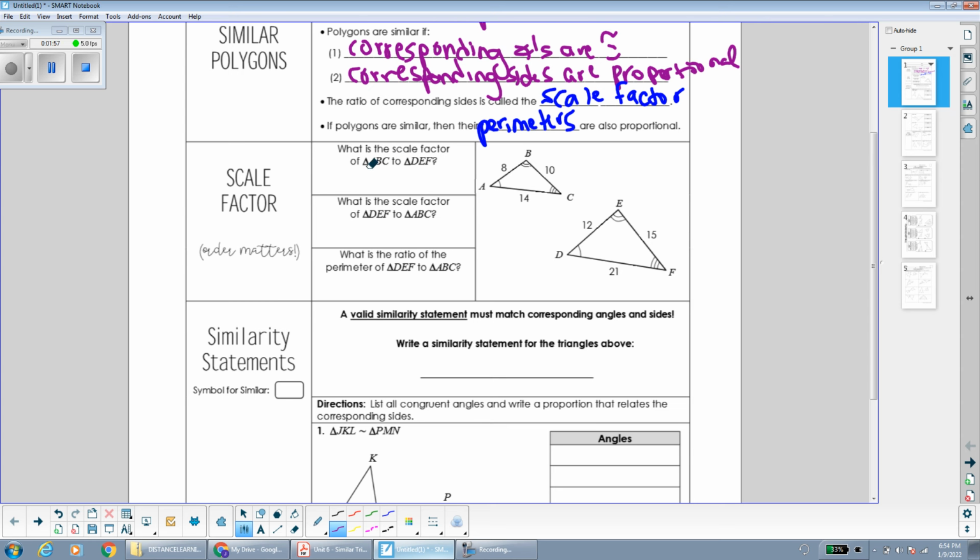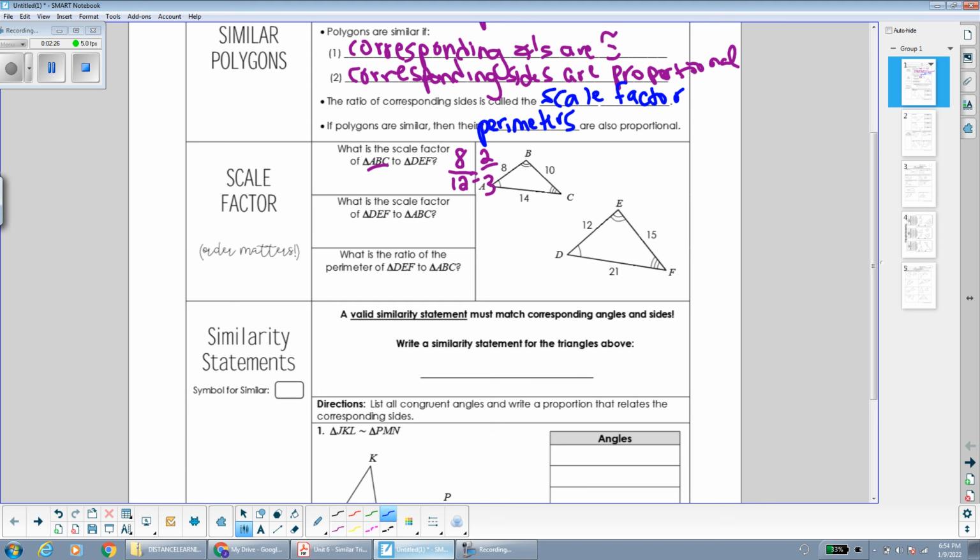So they're asking the scale factor in both ways here, from small to big triangle and then from big to small triangle. So from small to big triangle, let me take a side from triangle ABC. I'll just take the side labeled 8. And I'm going to divide by the corresponding side on triangle DEF, 12. And I find that my scale factor is 2/3 in simplest form.